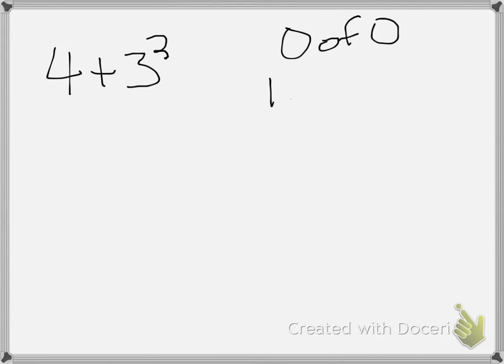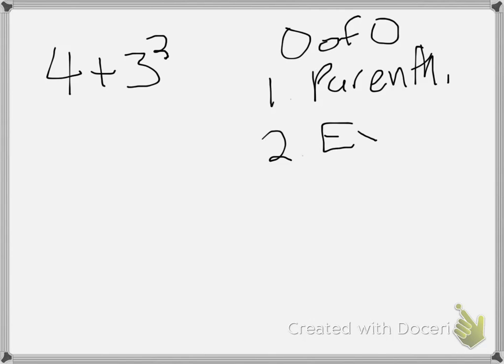Now, these actually translate into equations. So, for instance, if you have a 4 plus 3 squared, right, you put that in an equation. Now we need to add that in to our O of O, order of operations. So first is parentheses. Second now is exponents.